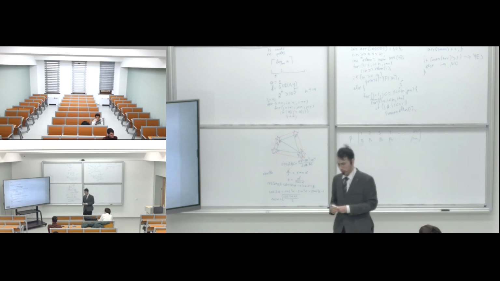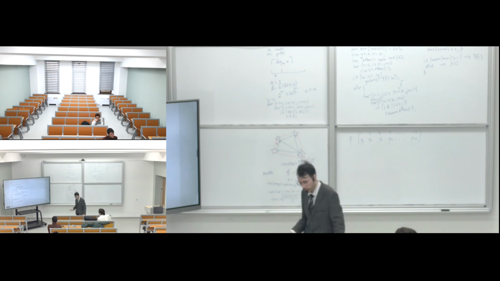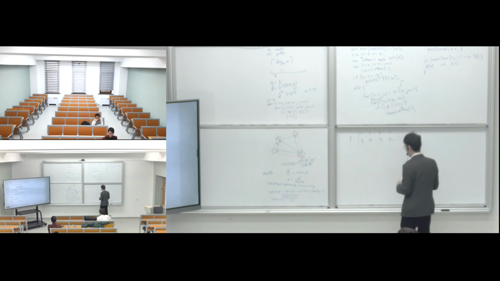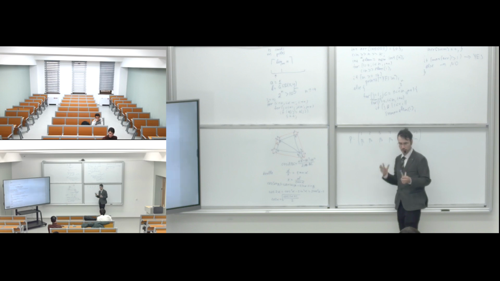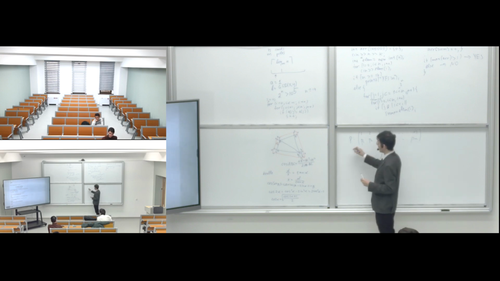So, to know the answer, you need to know that all permutations form a group. So what is a group? Who knows what a group is? A group is a very simple thing. You have some elements of the group, their sum is in the group, and the inverse is in the group.